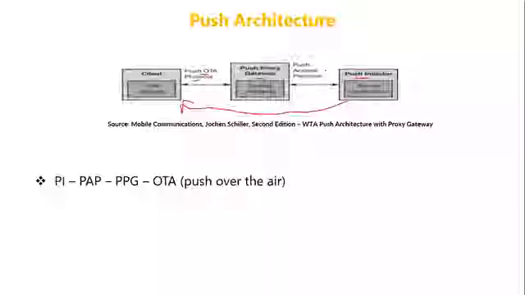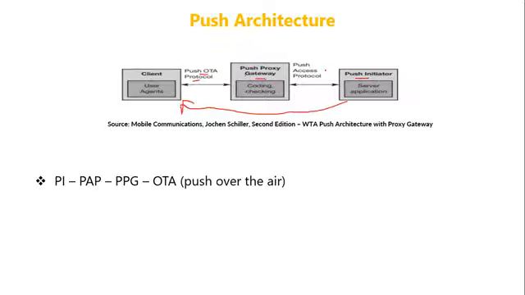So what is this push proxy gateway? This push proxy gateway is similar to the WTA gateway for pull services. In WTA also we have discussed a gateway. This push proxy gateway is similar to that, and it provides many functions to transform protocol messages and content exchange between the server and the client.